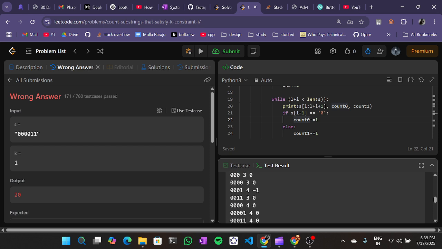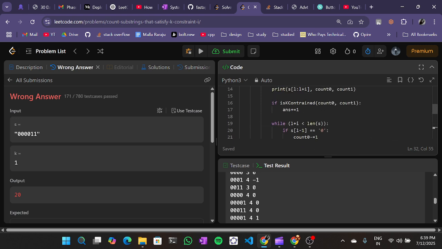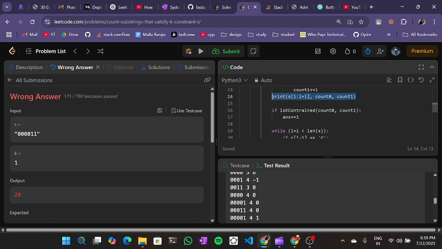We can consider this, but not this. Let's also keep a log here and check whether or not the answer is being updated.